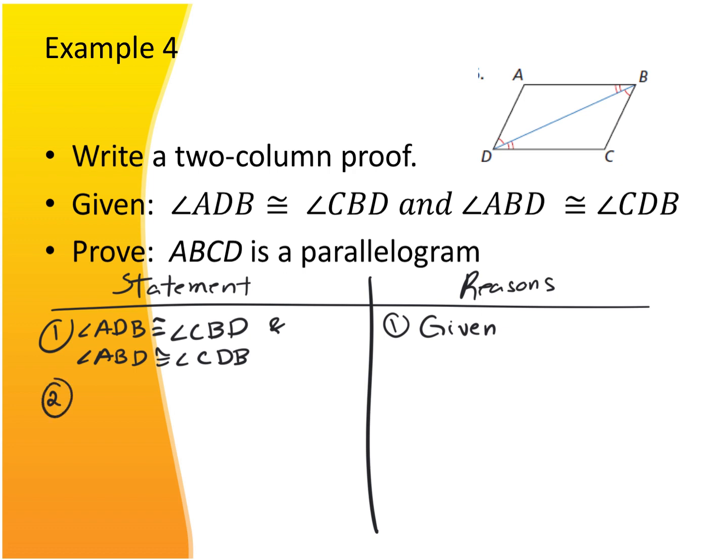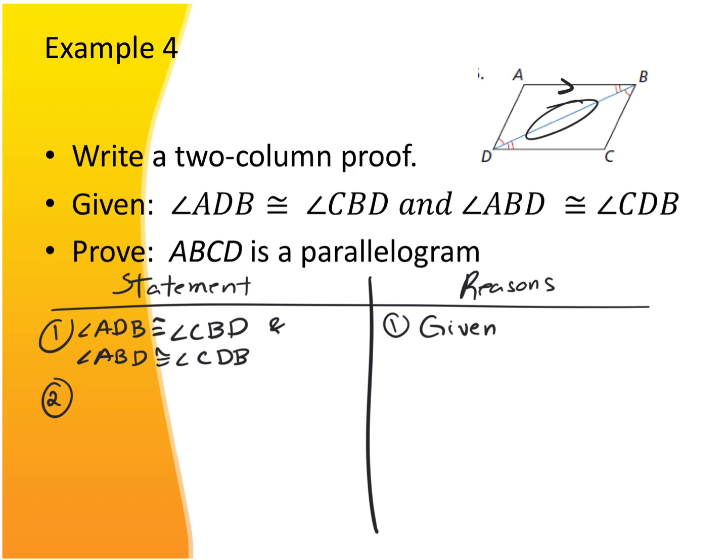Now, as I was mentioning, if you remember the alternate interior angle theorems and the converse, there is an alternate interior angles converse. That states that if they give you alternate interior angles that are congruent, you can say that the two lines and the transversal, this being the transversal right here, the other segments are parallel.